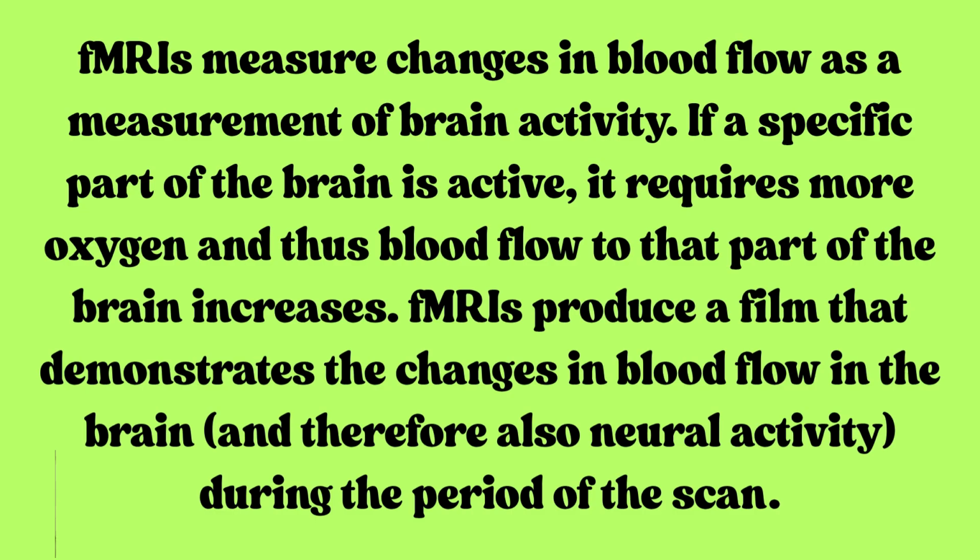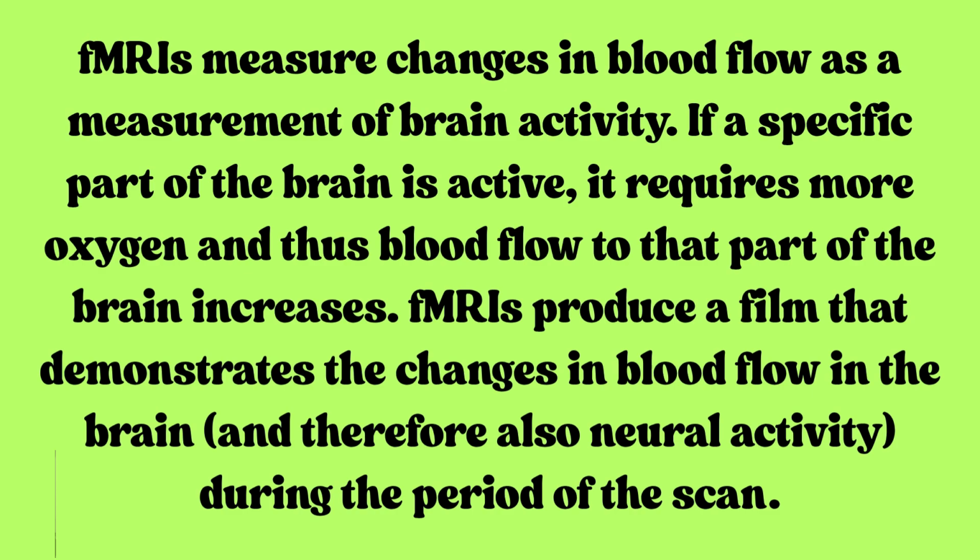If a specific part of the brain is active, it requires more oxygen and thus blood flow to that part of the brain increases. fMRIs produce a film that demonstrates a change in blood flow in the brain and therefore also neural activity during the period of the scan.